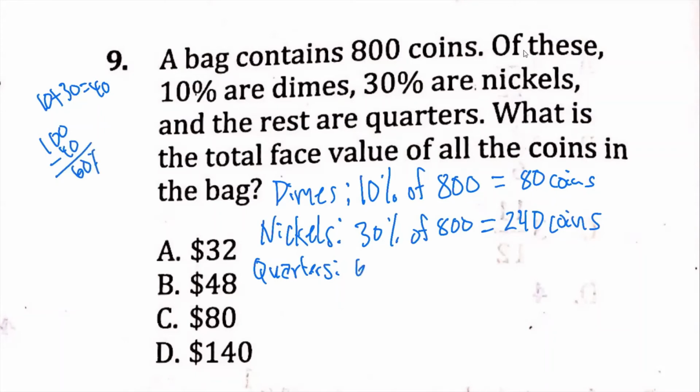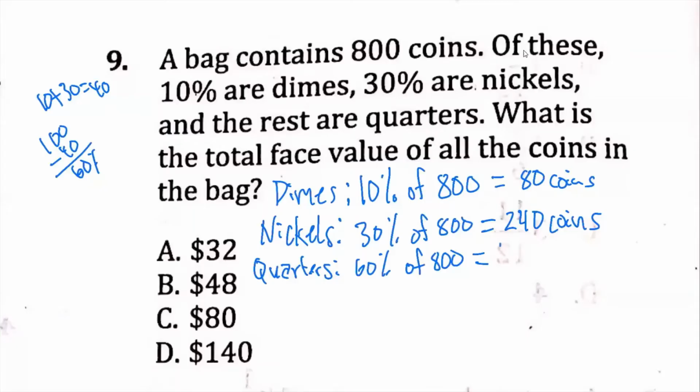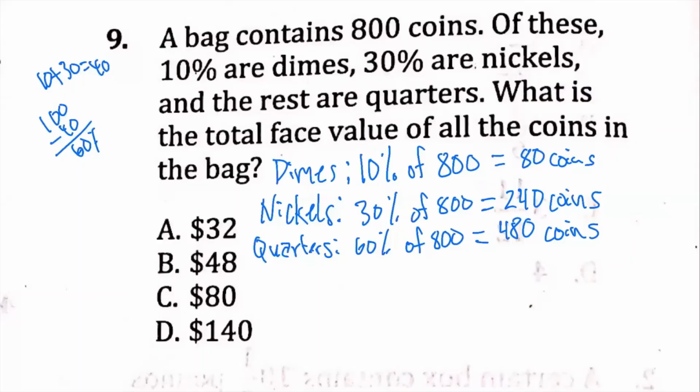So we have 60% of 800, which is 0.60 times 800, which is 480. 480 quarter coins, right? So now that we're able to break it all apart, it adds up to 800. All right, so we have that.